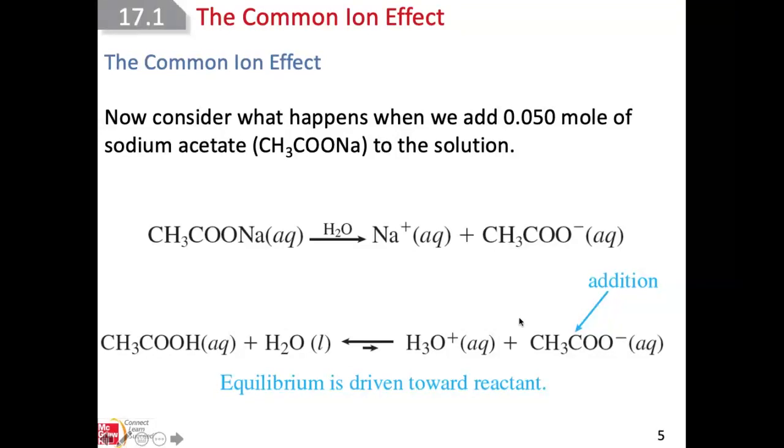So this is according to the Le Chatelier principle. If we're adding one of the products, we are disturbing equilibrium, and to reestablish equilibrium, the reaction will move away from that to decrease that addition. So now when we add in the salt, because it already has the same ion, we are increasing the concentration of this ion. The equilibrium will have to move away from that toward the reactant to decrease this addition.